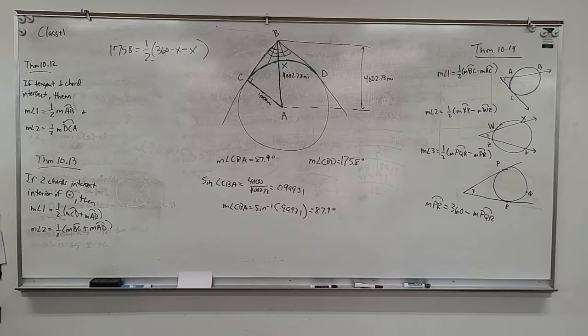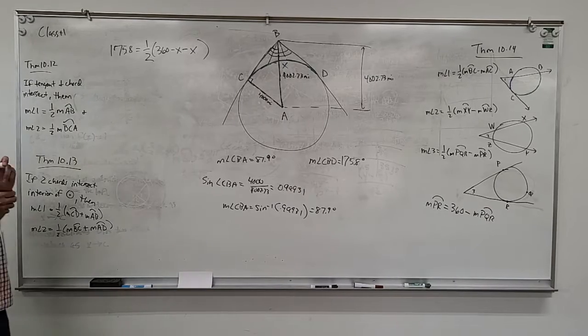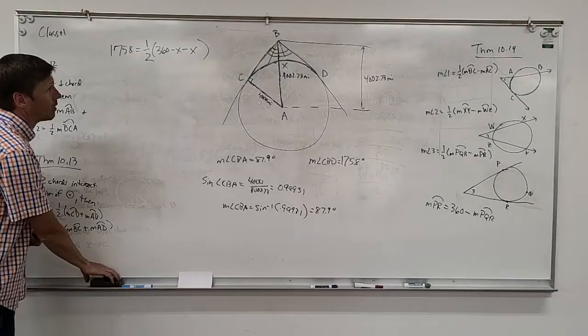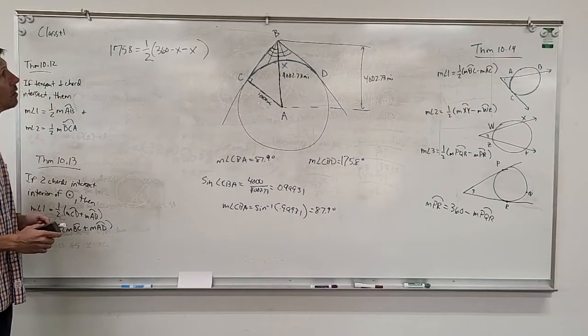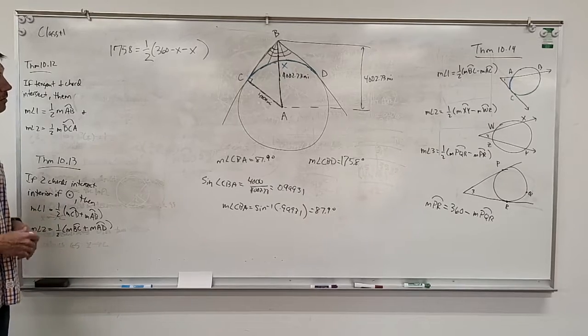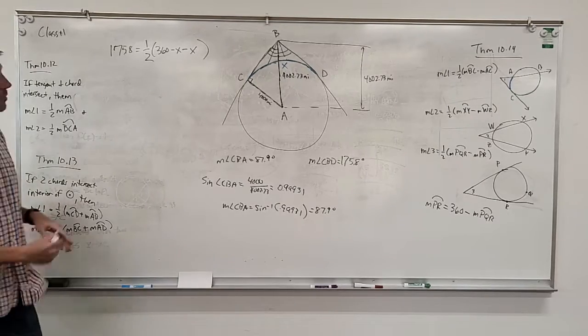So did I lose anybody when I wrote that down? I lost you? Tell me where I lost you. So 360 minus x is the DC arc, the big one. This one right here, that's right.